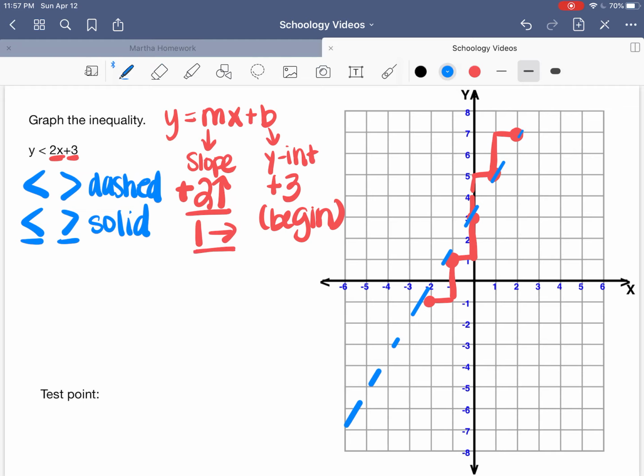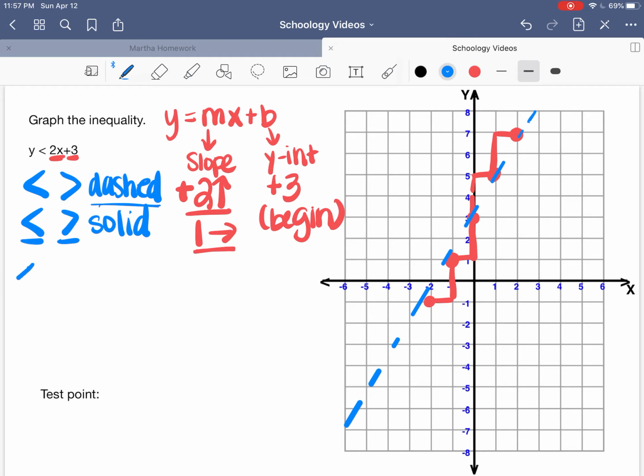All right, so we're almost done. Because this is an inequality, it really matters which way you're going to shade. It doesn't just include things in your line. Here, this line is where it's equal to. Because we have a dashed line, it means that none of the points that are part of your answer can be on that line. So it really matters where your answers would be.